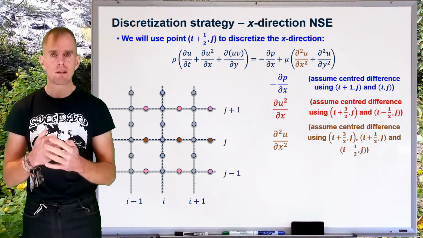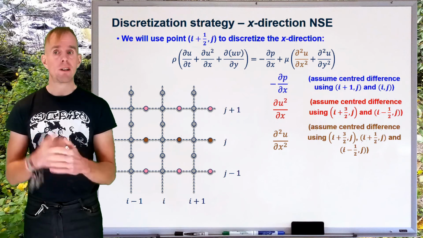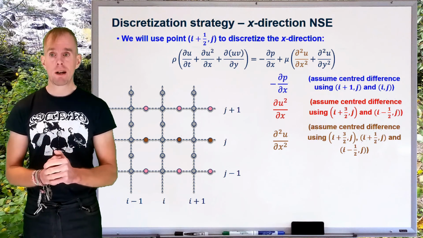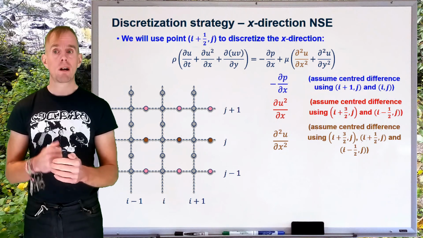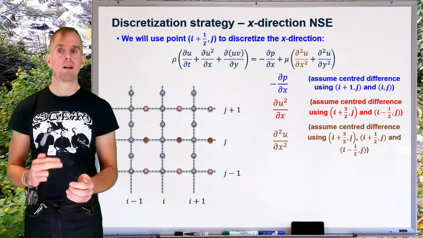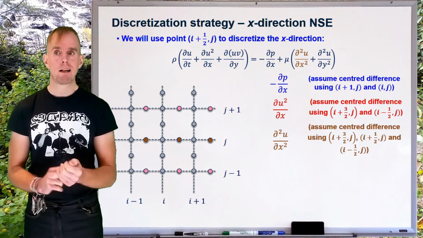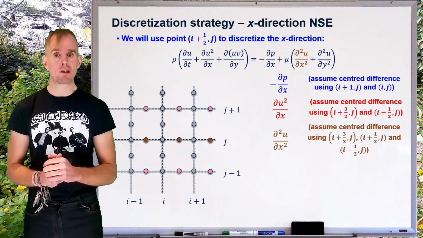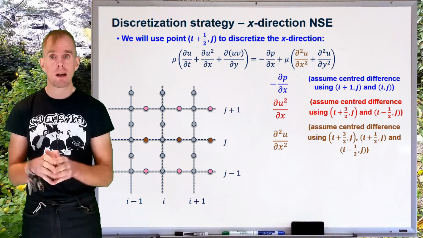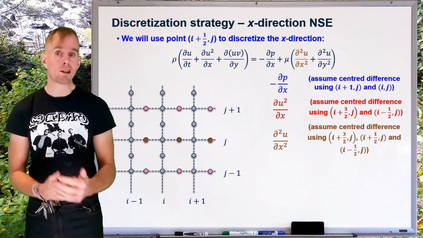And so I've got a second order derivative, and so I know how to write centre differencing for a second order derivative, and so I'm going to be using nodes i plus 3/2 comma j, i plus 1/2 comma j, and i minus 1/2 comma j. And this would be a valid discretisation to use because the d2u by dx squared term is not convective, and so centre differencing here would actually be correct.